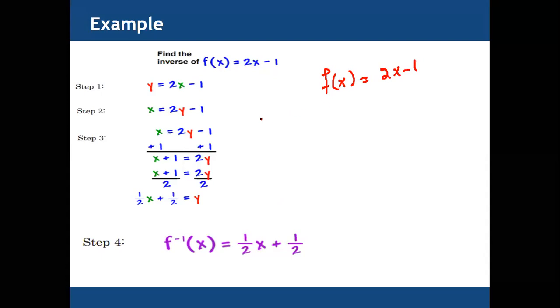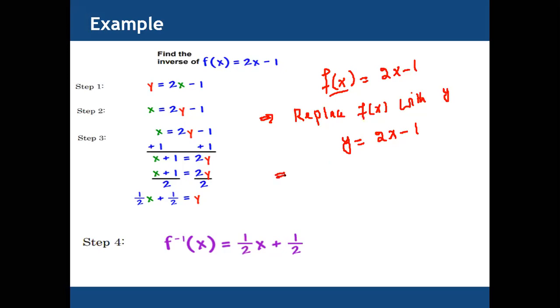Step number first is to replace f of x with y. So write down f of x; now you have y is equal to 2x minus 1. Step number first, replace f of x, g of x or h of x, the name of the function, with y.